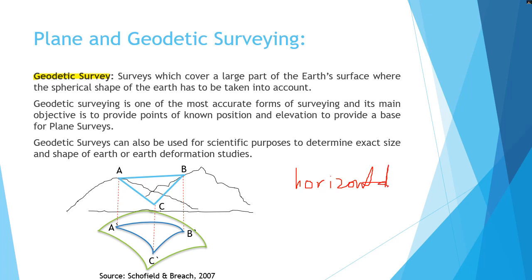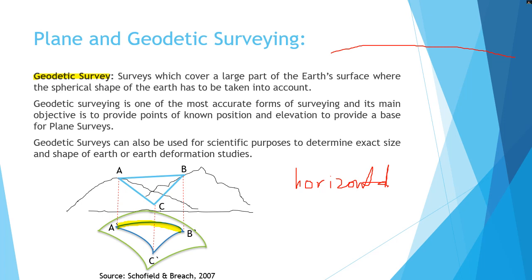But then you see that the actual length over here from A to B is a curve. So it will be slightly longer than the length from A to B over here as a line. So that's why we need to consider these effects when you measure the distance in a large area for a very long distance like this. Otherwise, you will have quite big error.